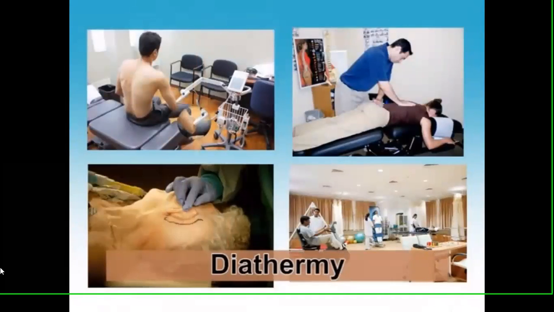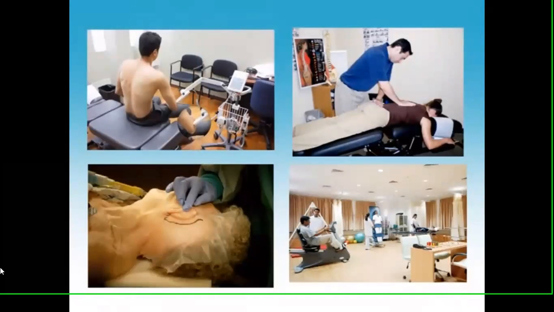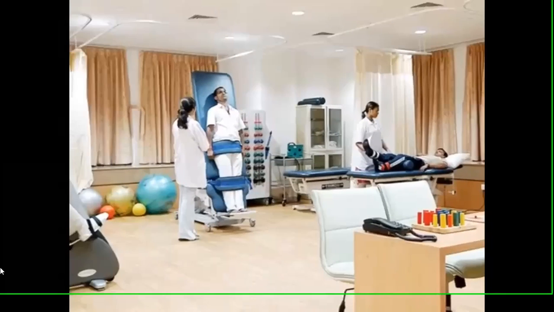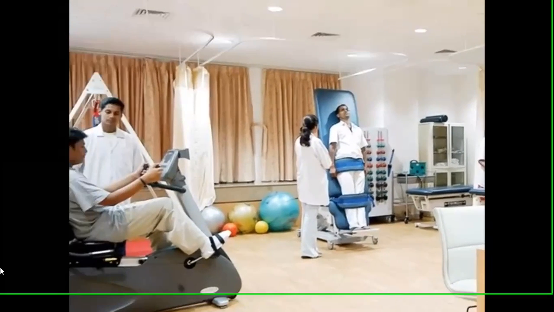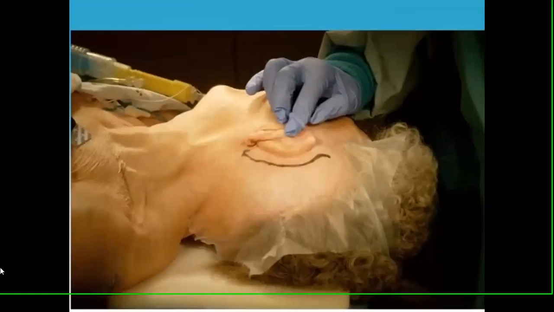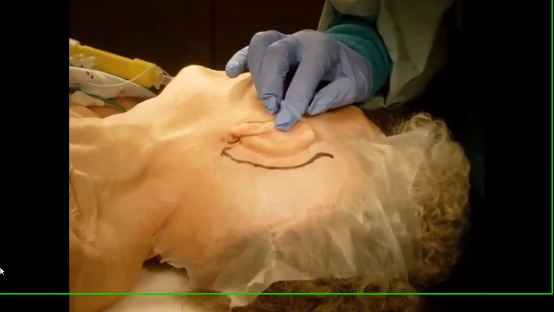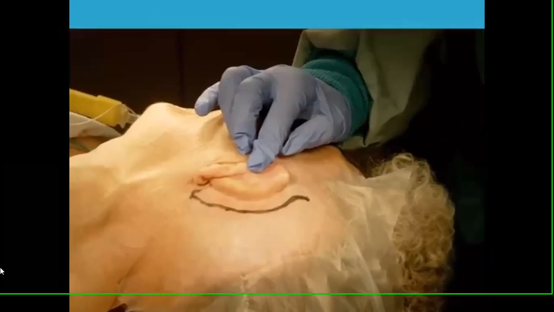Diathermy. In the natural sciences, the term diathermy means electrically induced heat and is commonly used for muscle relaxation. It is also a method of heating tissue electromagnetically for therapeutic purposes in medicines.